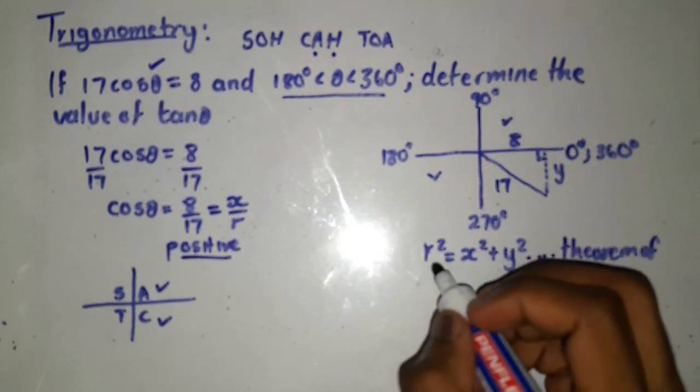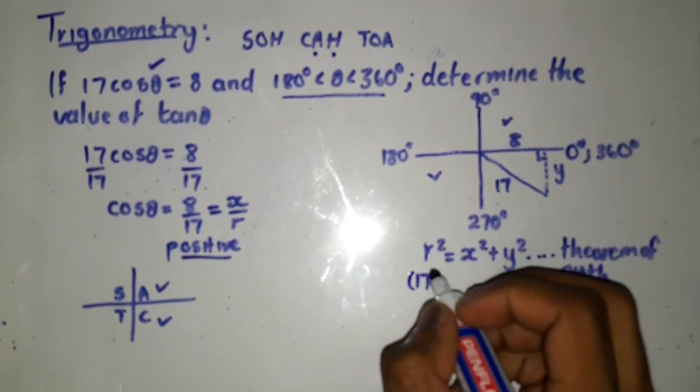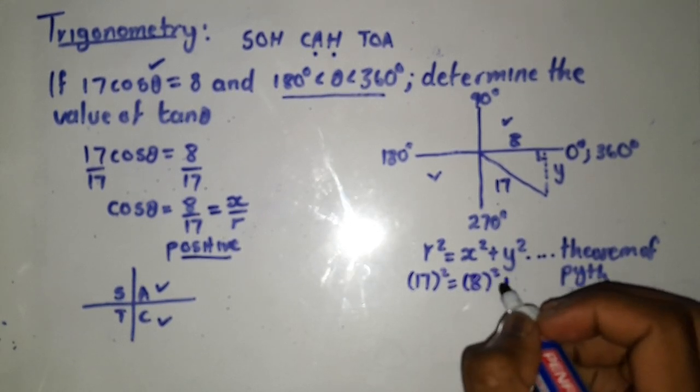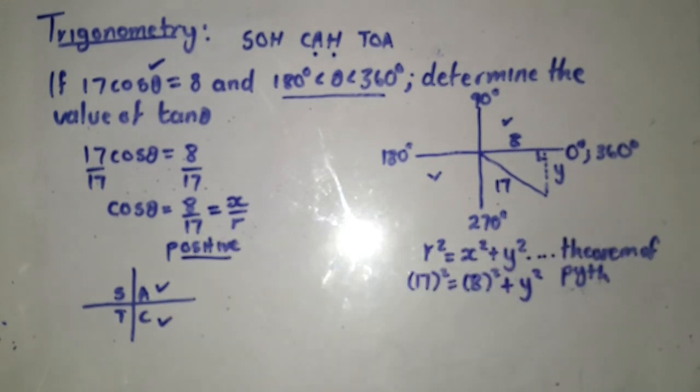Let us substitute the value of r, which is 17 squared. Here we have 8 squared plus y squared.